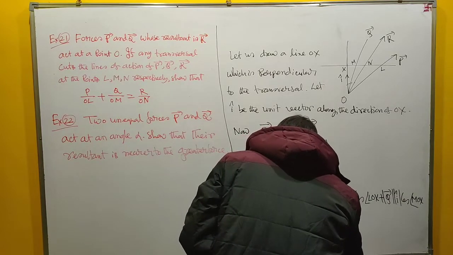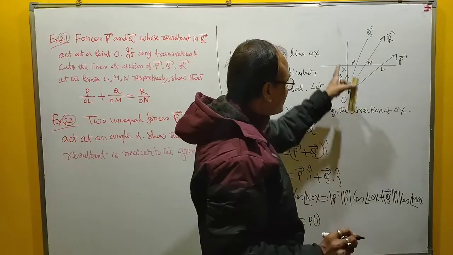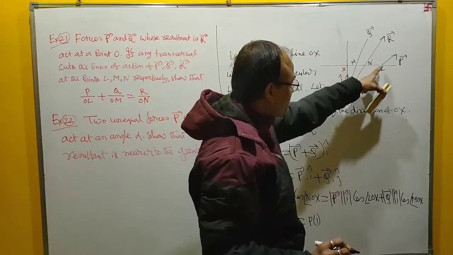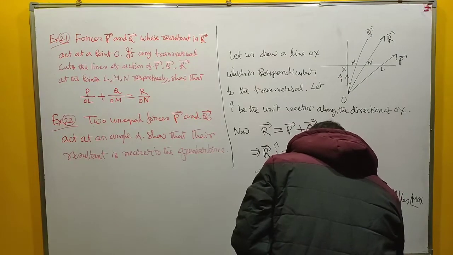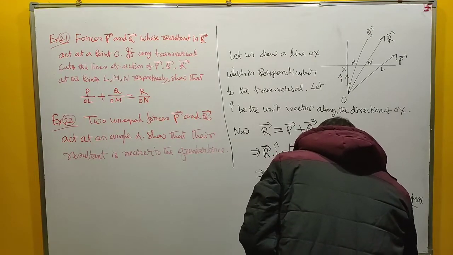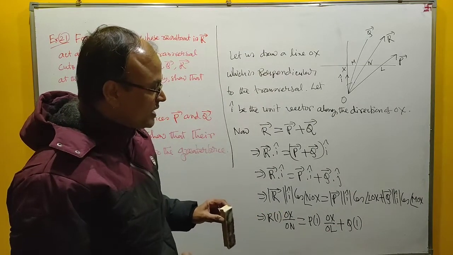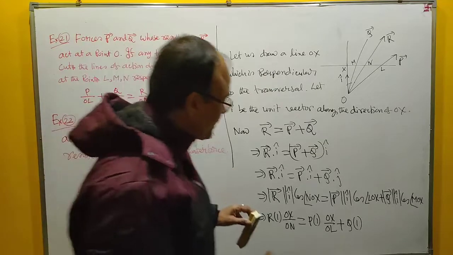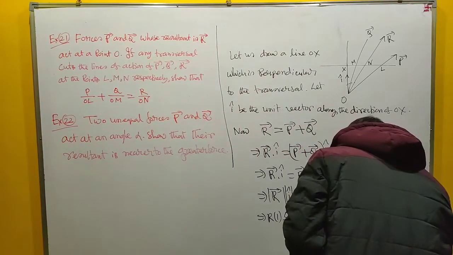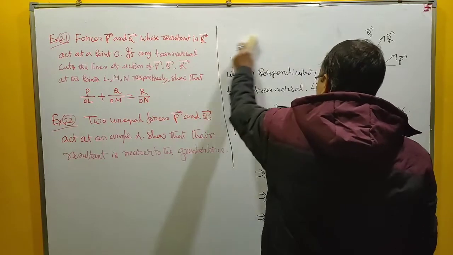This is equal to P into 1, cos LOX, OX by OL, plus Q. The magnitude of the vector i is 1. Cos of MOX is OX by OM.